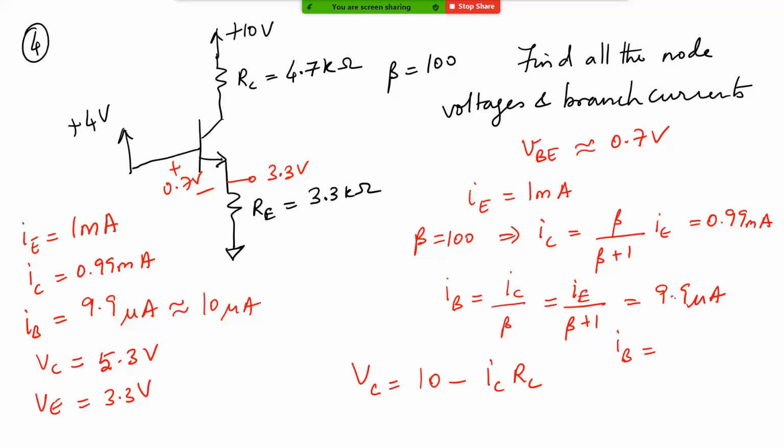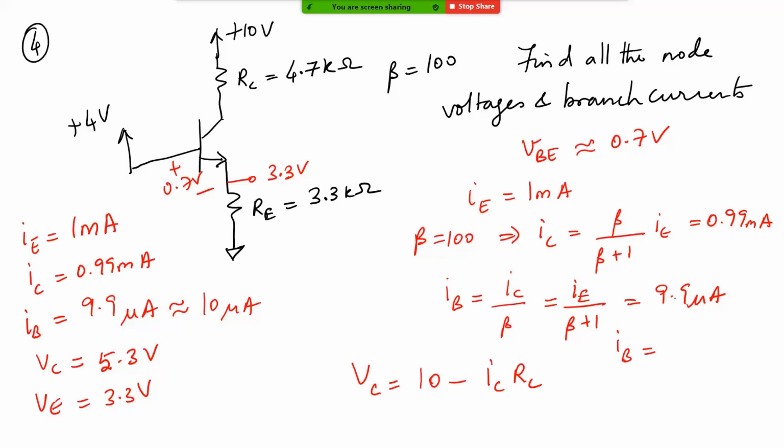Yes, sir. Okay. I mean 9.9 and 10 microamp, see, as circuit engineers, you don't chase after these 0.00 stuff. When you start actually building circuits, there is a limit to which you can actually measure things.